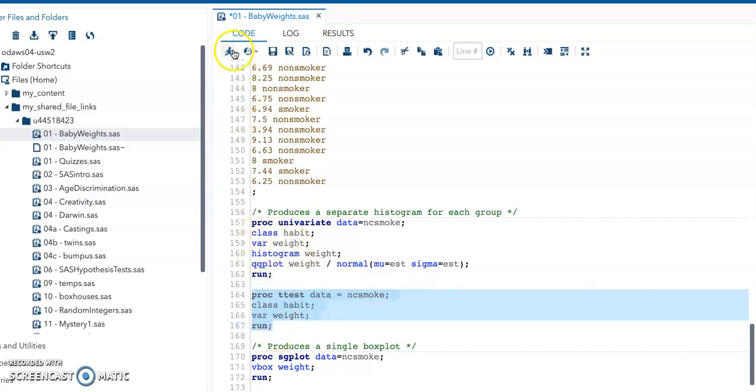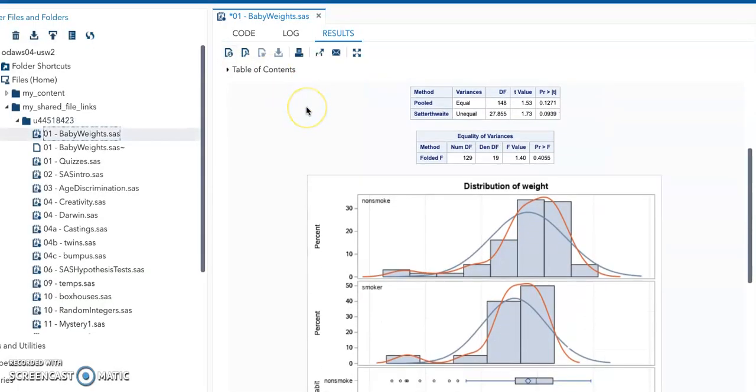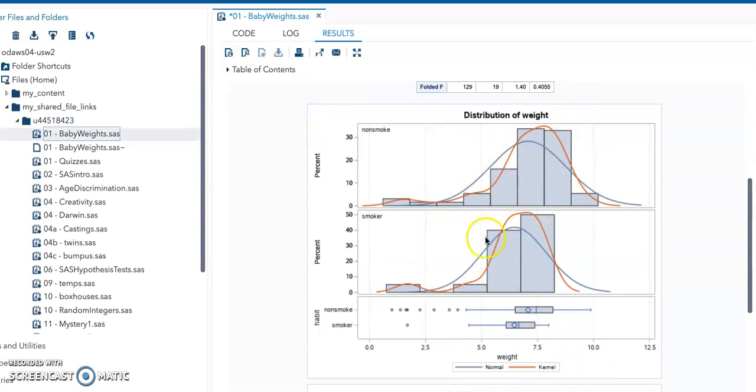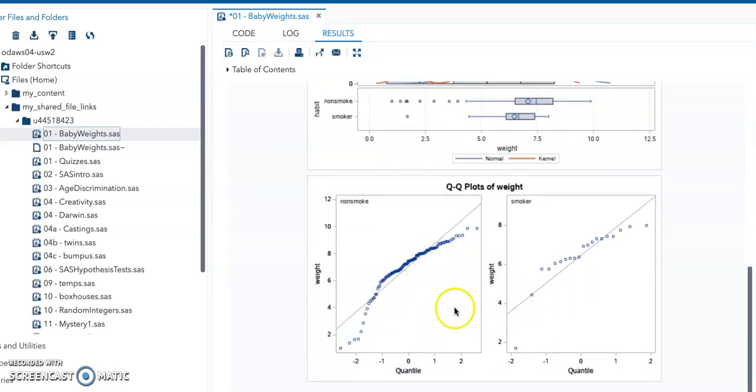I will run this proc t-test code real quick and scroll down. Here are my histograms. You can see some box plots also. And here are those QQ plots that are being automatically generated. Again, you can see they don't really follow this 45-degree line. This one's got this curve here. In the activity that you're going to do in just a second, you'll be able to figure out what kind of distribution this matches up with.